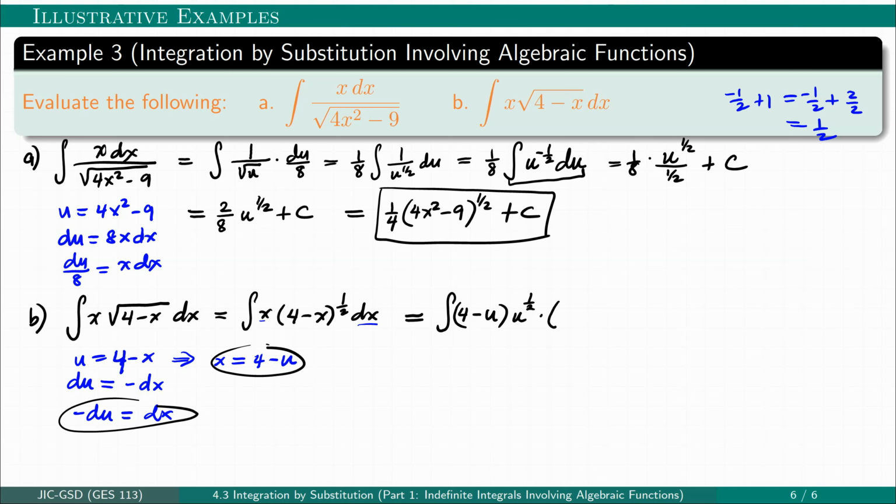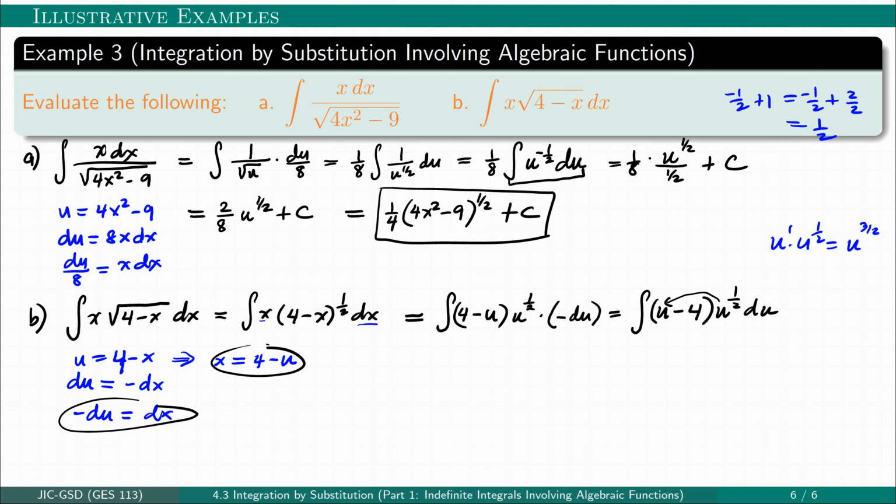We can actually multiply negative 1 to 4 minus u. This will give us the integral of (u minus 4) times u^(1/2) du. Now note that u times u^(1/2) is just equal to u^(1 plus 1/2), which is 3/2. So if we distribute that, we multiply u and u^(1/2).